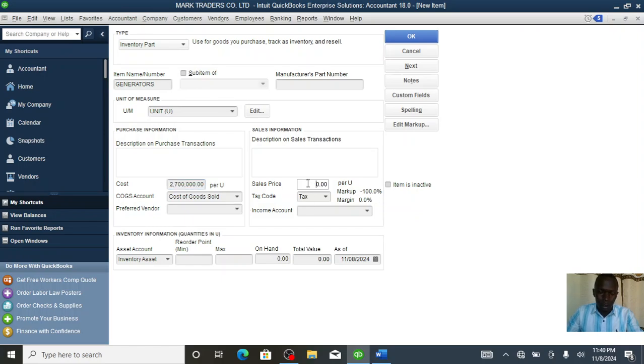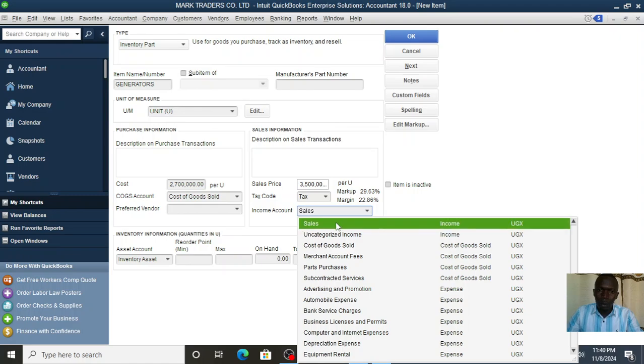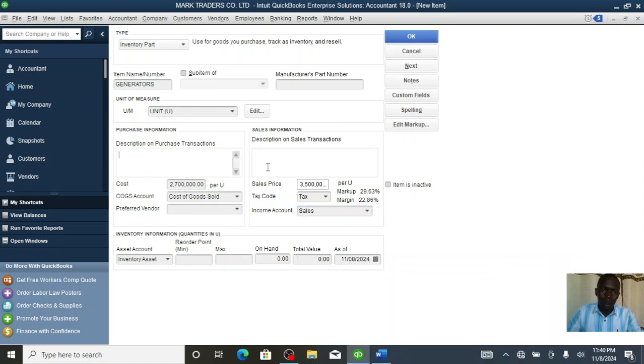Then the selling price is 3,500,000. Good. Income is under sales. Okay, our description is IV 002. On hand we have 6. Then opening date.